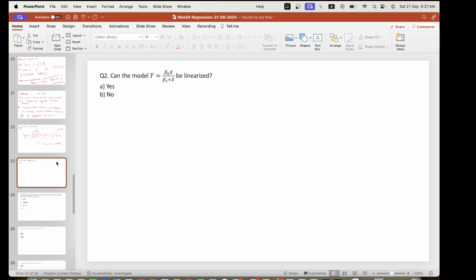Can the model y = beta naught x by (beta 1 plus x) be linearized? So let us find out. If we take 1 by y, then we have (beta 1 plus x) by (beta naught x). So that would be beta 1 by beta naught into 1 by x plus 1 by beta naught.